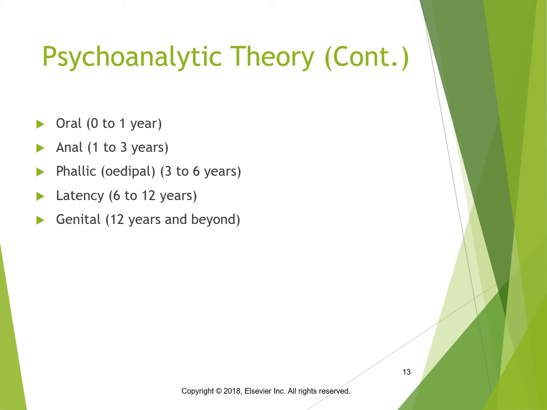If the anal stage is not achieved and the person is fixated at that stage, this person develops habits of rigid patterns or stinginess, obsessive compulsive thought patterns. So that's what Freud believed.